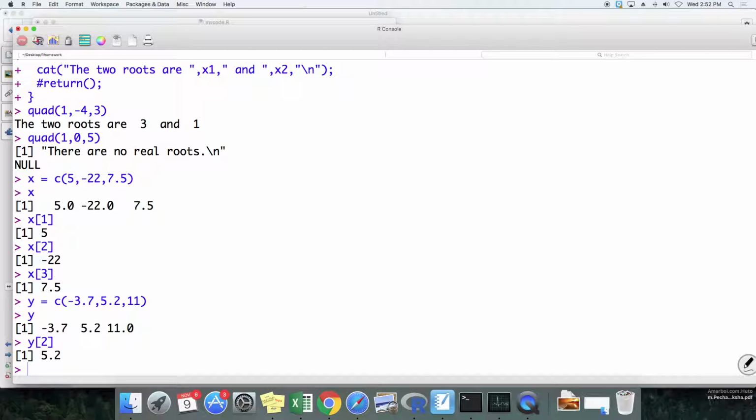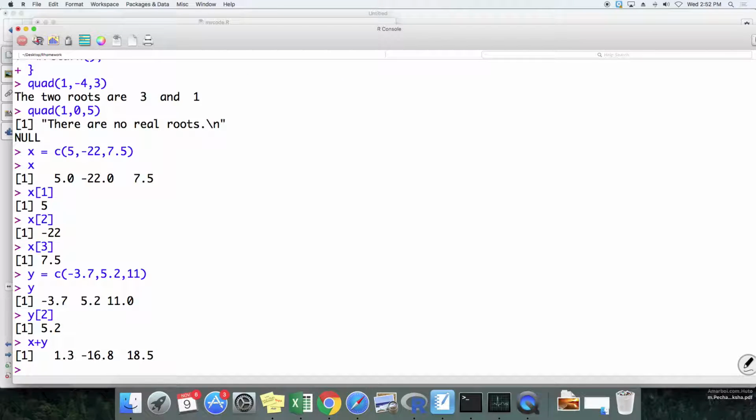Now, just like numbers, vectors can be added, subtracted, multiplied, and divided. So for example, x plus y is just the element-wise addition. That means the first element of x is 5, the first element of y is minus 3.7. If you add them, you'll get 1.3.